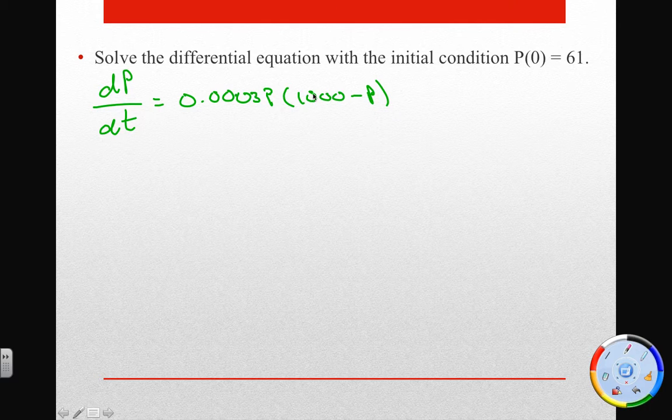Well, we have to separate. All the P's have to come over with the dP, and the dt gets to go by itself. I'm going to leave this 0.0003 by itself, though, and divide by it, so I get dP over P times 1000 minus P equals 0.0003 dt.